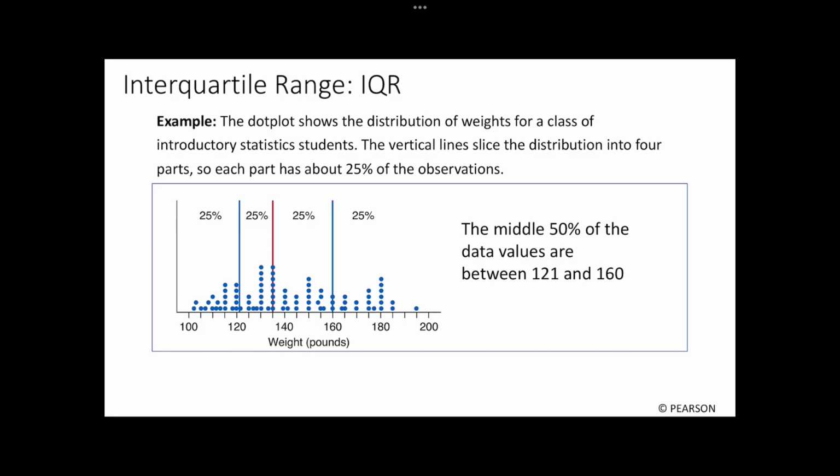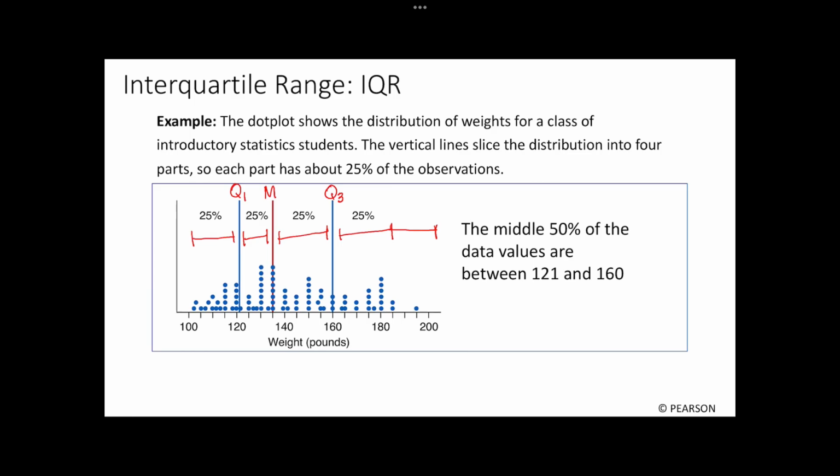So this red line represents our median. Our quartiles, Q1, Q3, along with the median, cut the data into quarters or chunks containing 25% of the data. This one actually goes out to here.